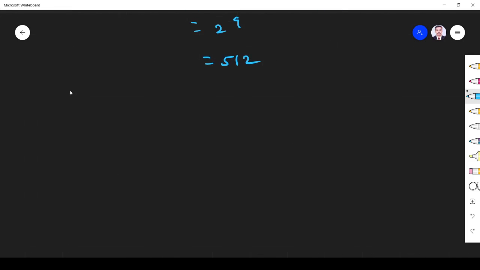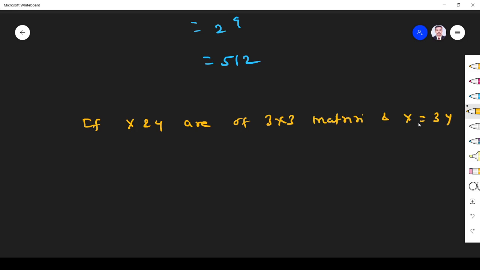Okay, next, suppose they give a question like this: if X and Y are 3 by 3 matrices, and X is equal to 3Y, and also determinant X is equal to A times determinant Y, then what is A?